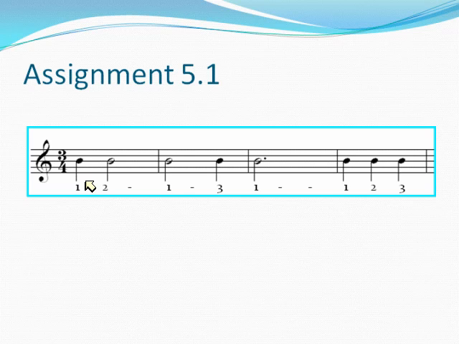Looking at the next note, it is a half note. A half note is one sound that lasts for 2 beats, and I am basing this all on a quarter note getting 1 beat. So the half note is lasting for 2 beats. It actually is going to begin on what beat?